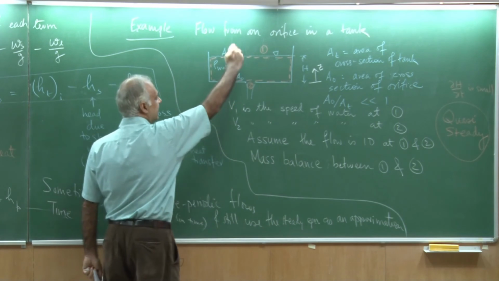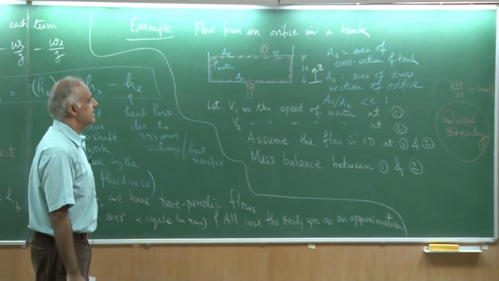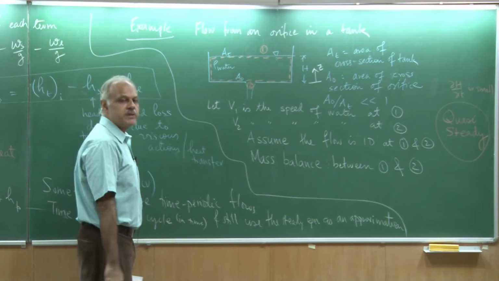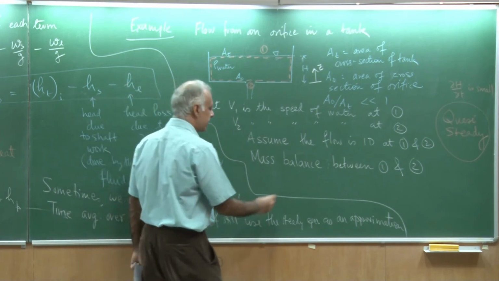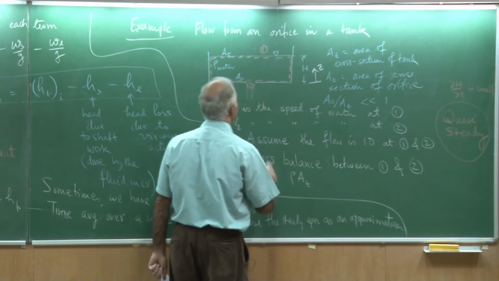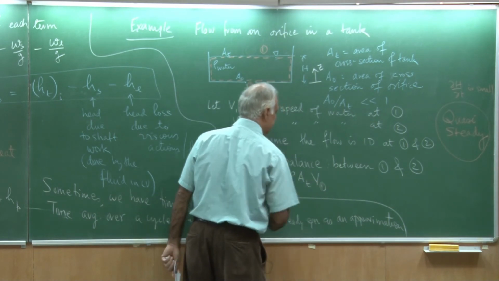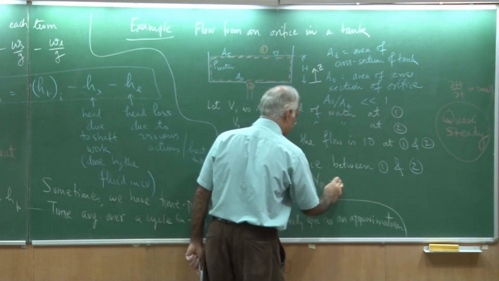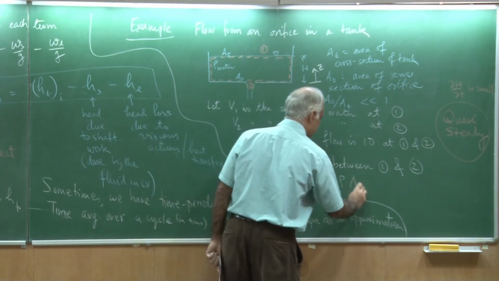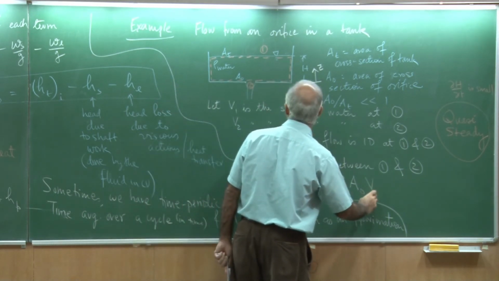So I could say that the fluid that crosses section 1 and the rate at which it crosses section 2 should be identical, and that would mean that rho times A_T, that is the area at 1, times the velocity at 1 should be equal to rho times the orifice area times the velocity at 2.